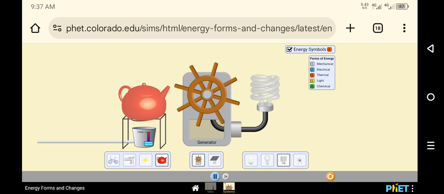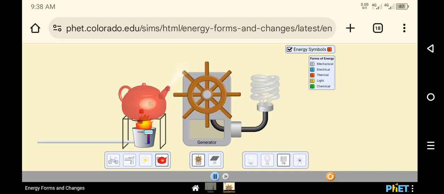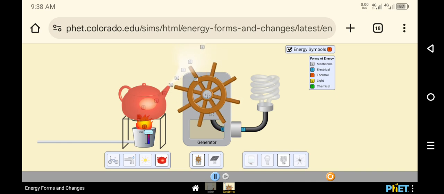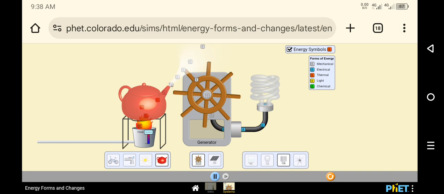So we have to heat. We have here a container like a pot with water inside. If we heat the water inside, what will escape is steam. This steam, the mechanical energy of the steam, will rotate the generator.